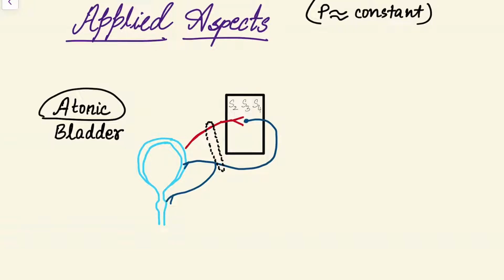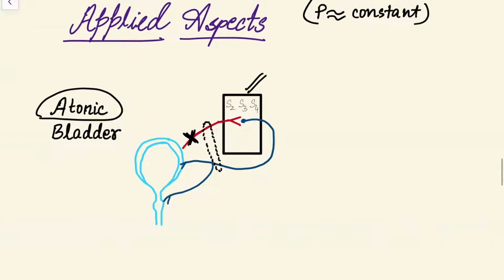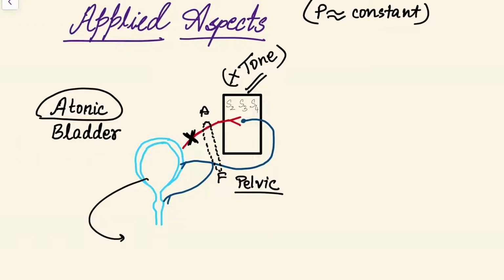That means the sensory fibers here have been disrupted and they are not able to deliver the tone to the sacral spinal centers, which are the parasympathetic centers. Now, there is no information of the tone that goes to the sacral centers. Therefore, the bladder becomes hypotonic and flaccid. It has no tone whatsoever.